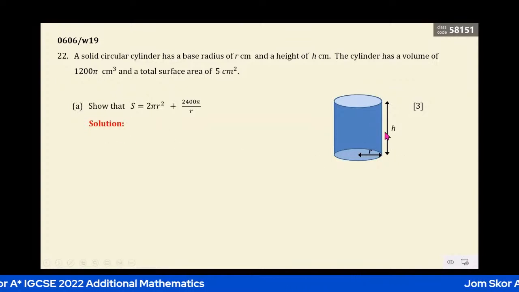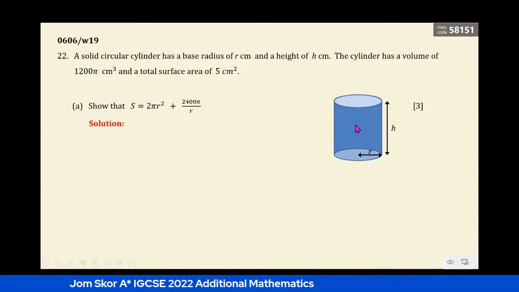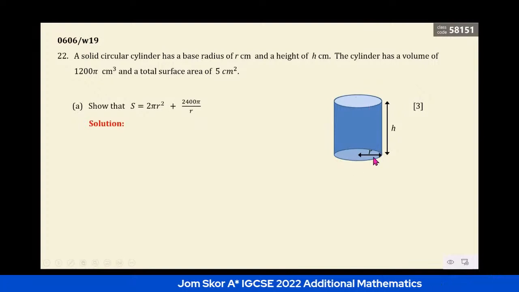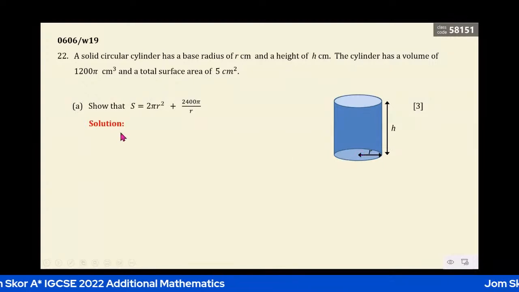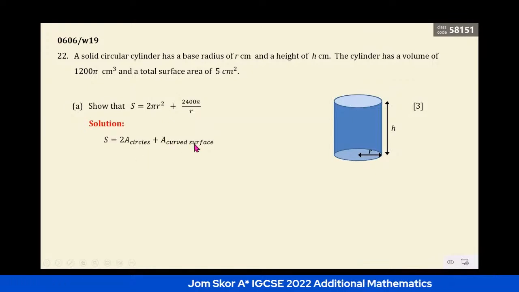Because this is a solid circular cylinder, meaning that you have 2 closed circles here, top and bottom, both solid. So we have two areas of circles here. So the surface area is two areas of circle, top and bottom, and then the area of the curved surface.